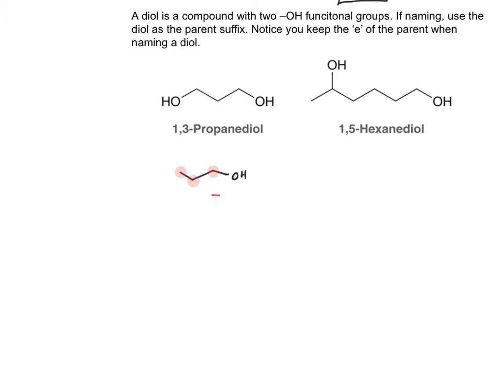So 3 is propane, but because it has an alcohol, we will have propanol. Remember, the E gets dropped here, and we end up with the OL to show that's an alcohol. To specify where this guy is, we would assign our locants. So here, this would be 1-propanol.